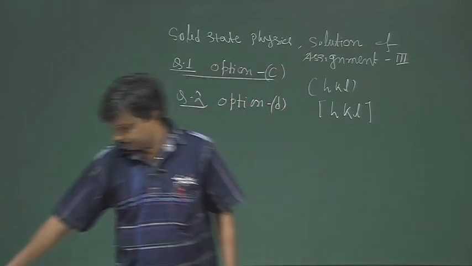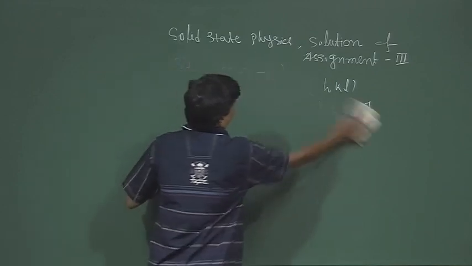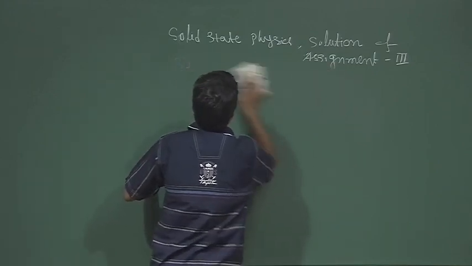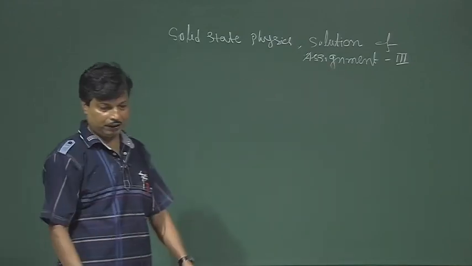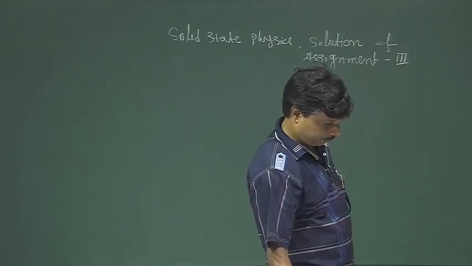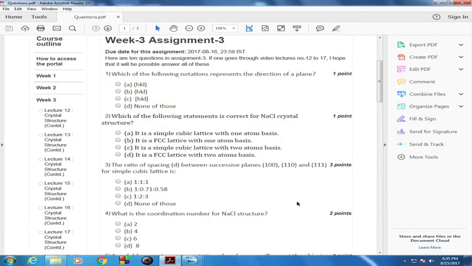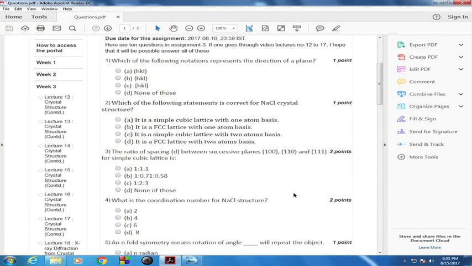Now come to the next one. Questions 1 and 2 are over. Third question: the ratio of spacing D between the successive planes 1 0 0, 1 1 0, 1 1 1 for the simple cubic lattice.